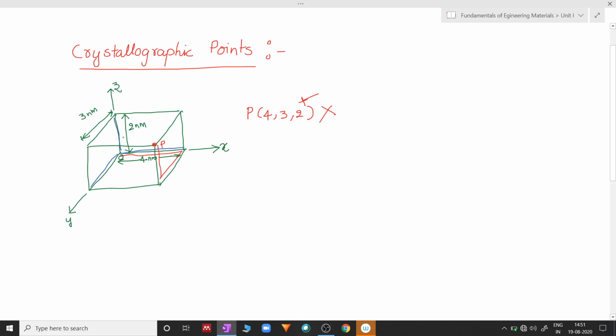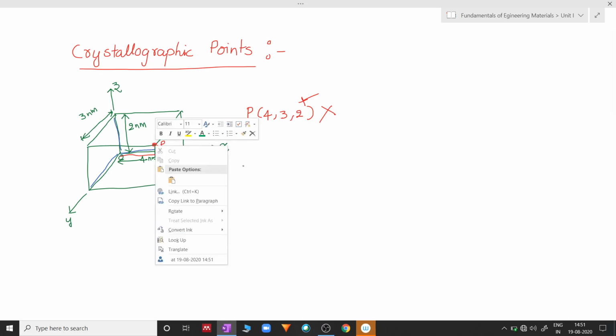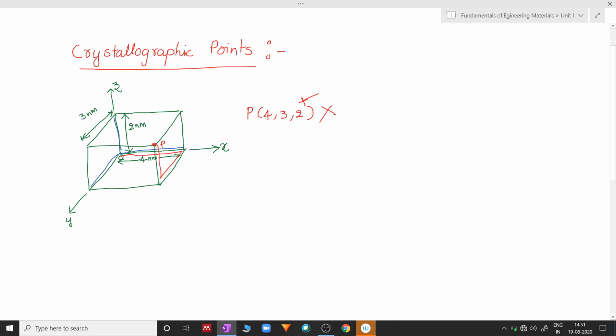Now if this point P is represented, to get that point I need to move in the x direction 1 unit, therefore it is represented as 1. In the y direction, to get that point I need to move 1 unit, therefore here we can write 1.